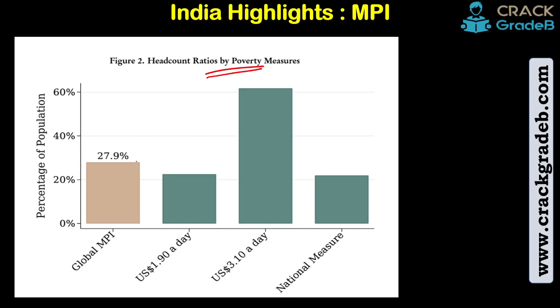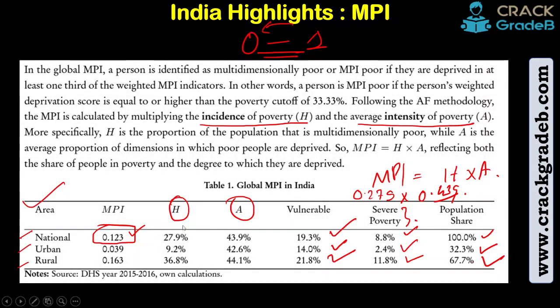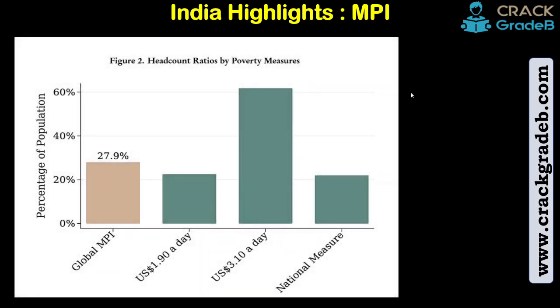Now you look, the national is 27.9%. We have seen this is A. Sorry, this is H. Okay, what is H? It's the incidence of poverty, 27.9%. This is H, incidence of poverty.